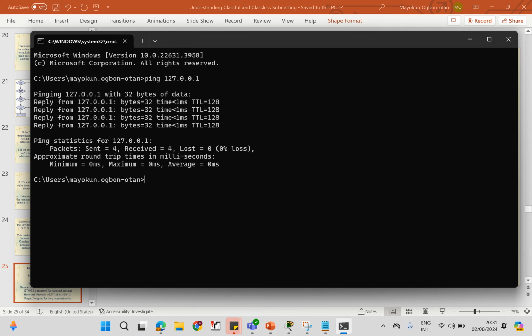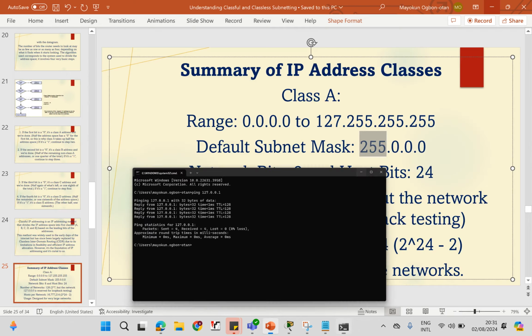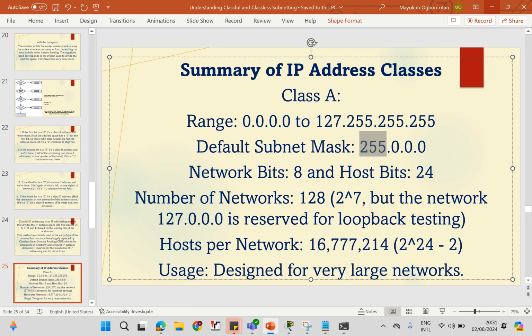This is a loopback. It's used for testing the TCP/IP suite. We call it loopback IP addressing. Okay, so hosts per network is 16,777,214. That's the number of hosts you can have. So if you have a very large network, that is what this is designed for.